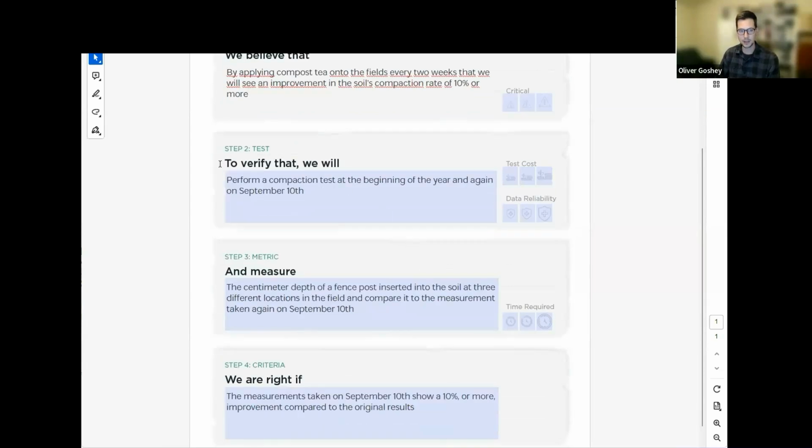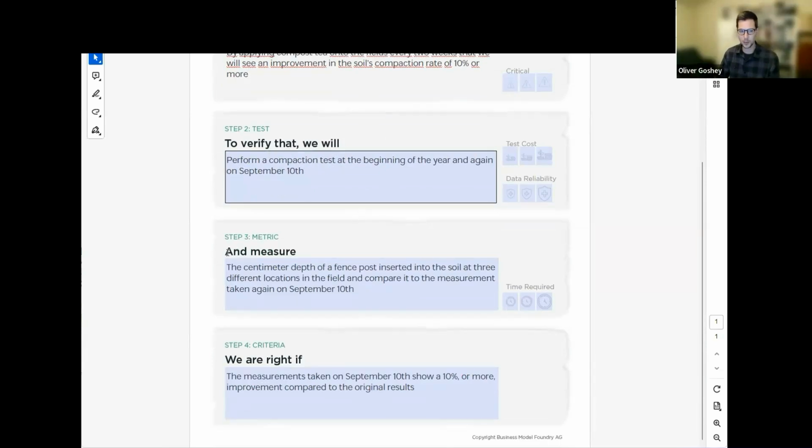In the second statement, to verify that, we will perform a compaction test at the beginning of the year and again on September 10th. That is the only thing that we have to put in this portion because it's just talking about how we are going to get the results. So again, performing a compaction test is the action at the beginning of the year and again at September 10th are what are needed to give us the results that we're looking for.